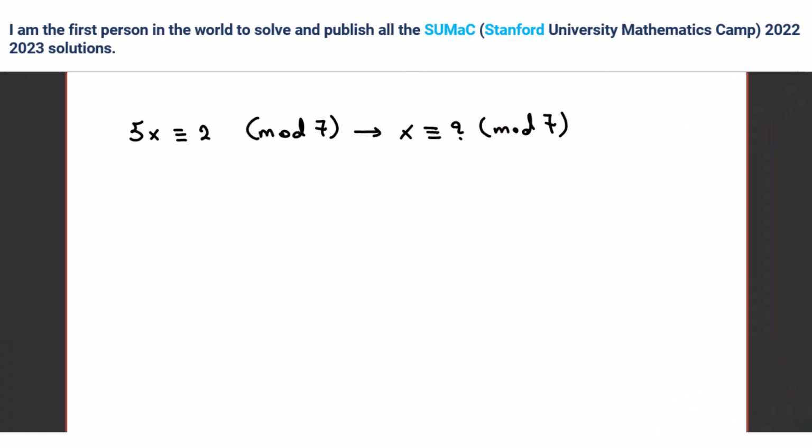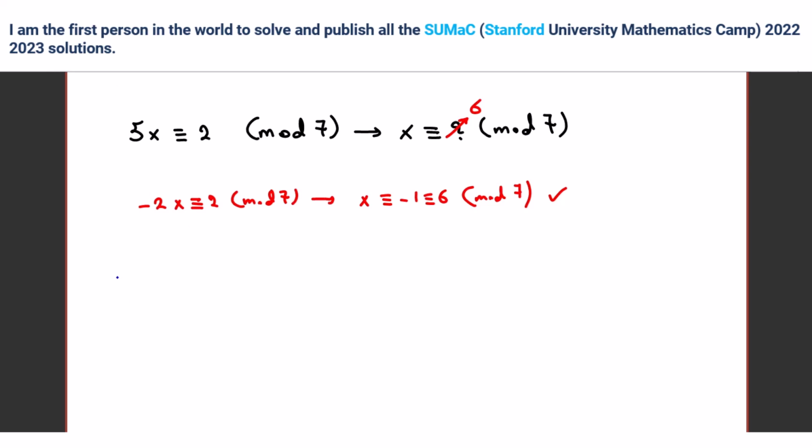Negative 1, so it's 6. 5 times 6 is 30, and 30 mod 7 is 2, right? Yeah. Also, you could say 5 is negative 2 mod 7, and then you divide by negative 2, it's negative 1. Modulus 7 over GCD of 7 and 2, which is 1. So it is 6. Good job.